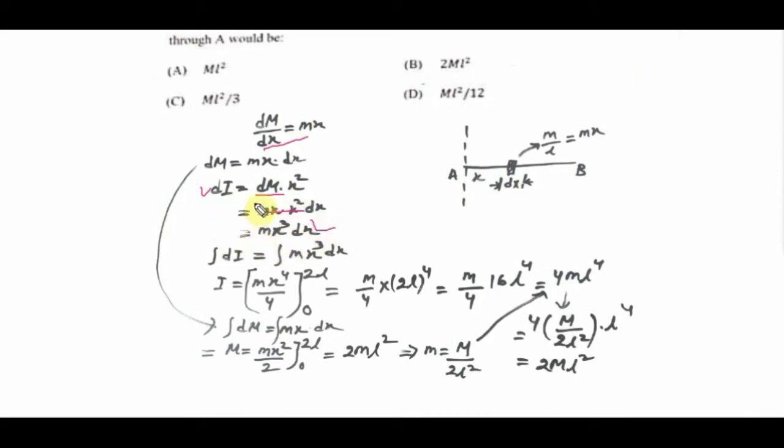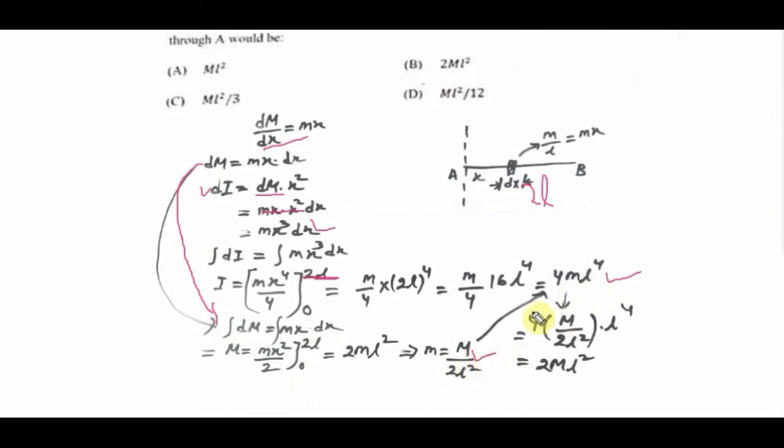So now we'll integrate both sides. Integration of dI equal to integration of mx cube dx, which will give us m L to the power 4 times 4, with the limits from 0 to 2L, because the length of this rod is 2L in the question. Similarly now we integrate dm equal to mx dx, putting the limit from 0 to 2L, we have m equal to capital M by 2L square.